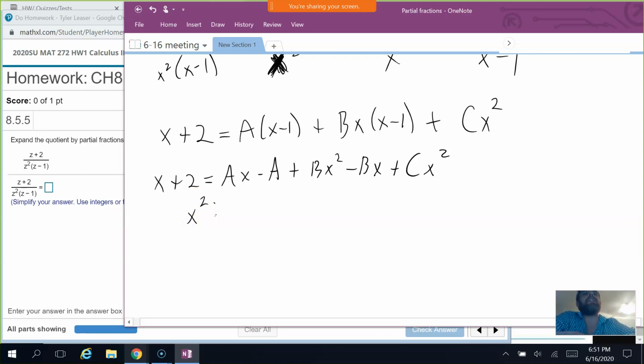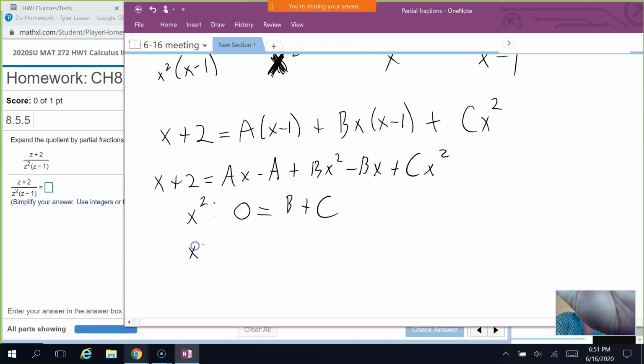So we're going to be looking at all of the coefficients that have x squareds. On the left-hand side of the equation, we don't have any, so just 0x squared for the left. But on the right-hand side of the equation, we have a bx squared and we have a cx squared, so b plus c.